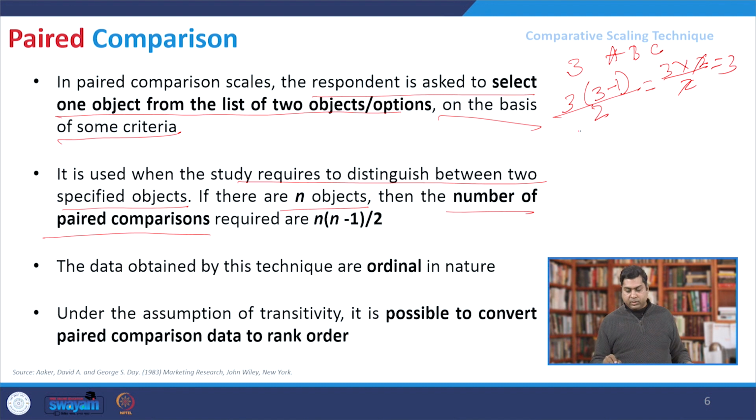What are those? A, B; B, C; and C, A. If you increase the number, this will be more. If you make it 4, then it will be 4 into 3, 12, by 2, so that will be 6.